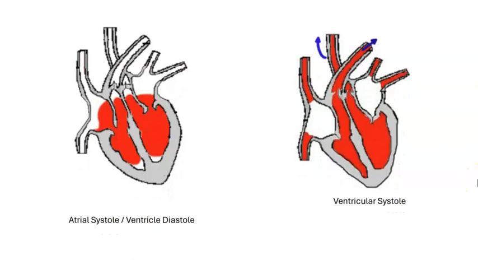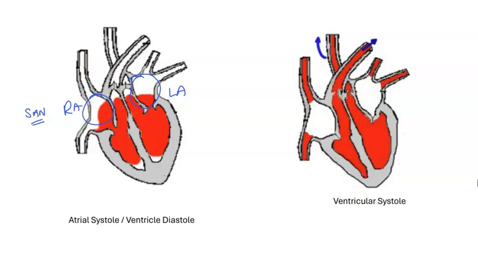Once the atria are full of blood, a contraction is initiated by the sinoatrial node, which causes both the right atrium and left atrium to contract simultaneously.